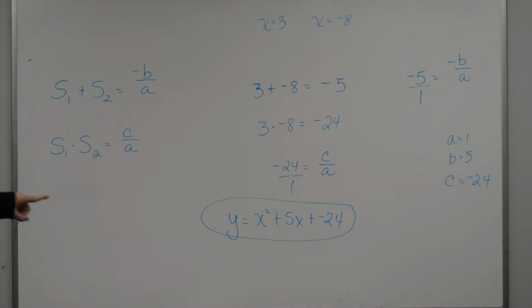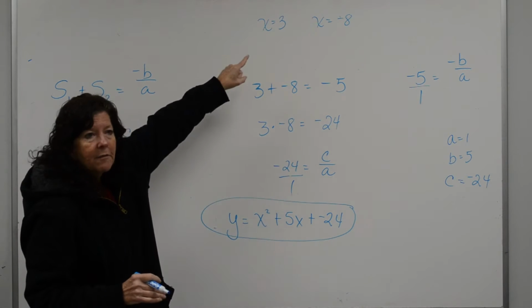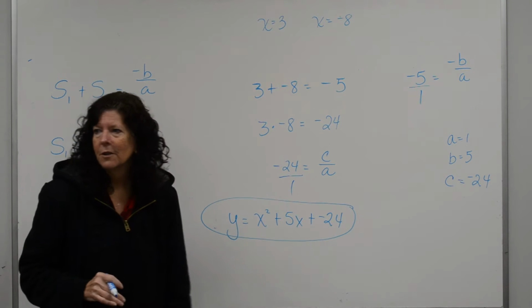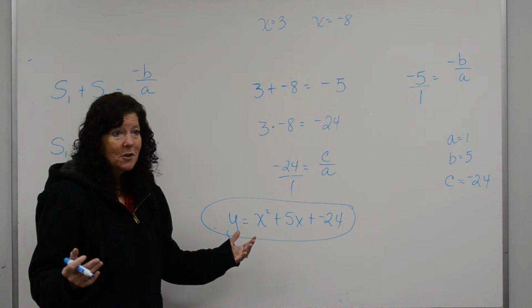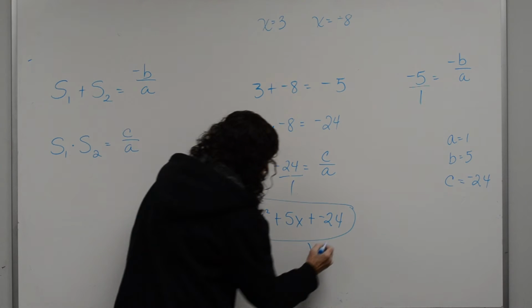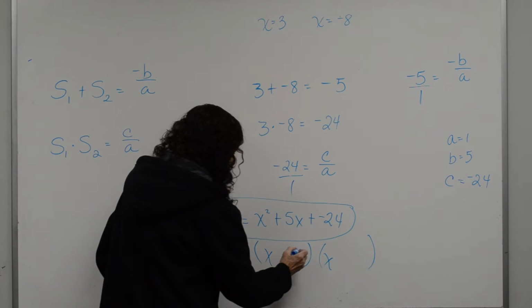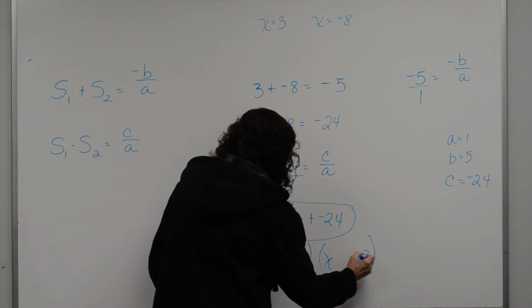If I solve that by factoring, by graphing, by completing the square, or by the quadratic formula, it would give me those solutions. You can always double check it by turning around and factoring it. Two sets of parentheses, x, 8 times 3 is going to give me 24.